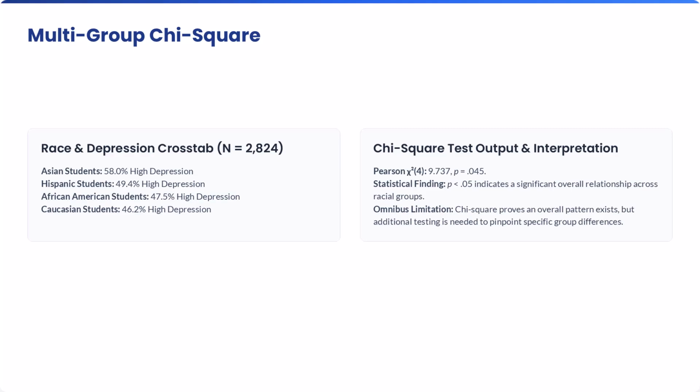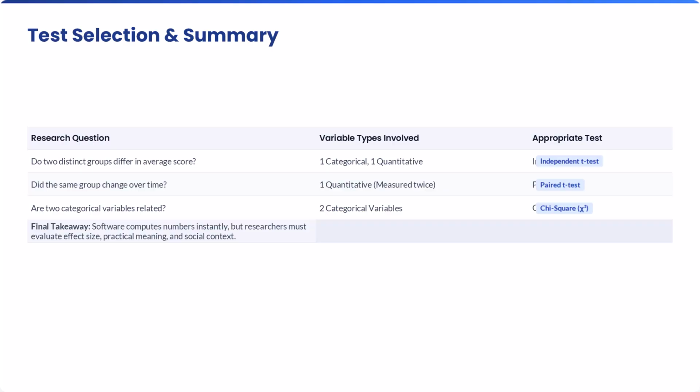Because p is less than 0.05, we conclude a statistically significant association exists. However, notice 2 key nuances. The percentage differences across categories are quite modest, and chi-square only tells us a relationship exists somewhere. It does not pinpoint which specific groups differ from each other.